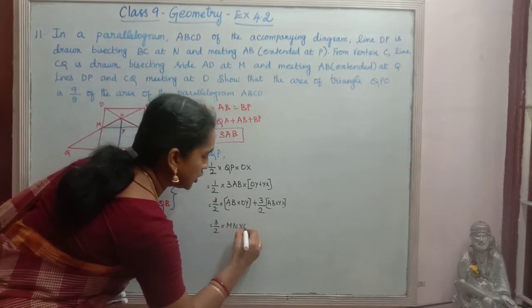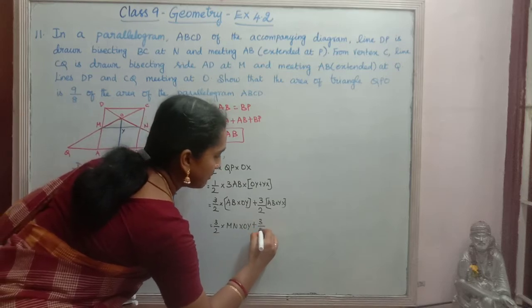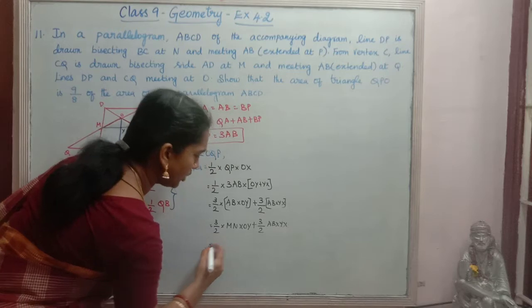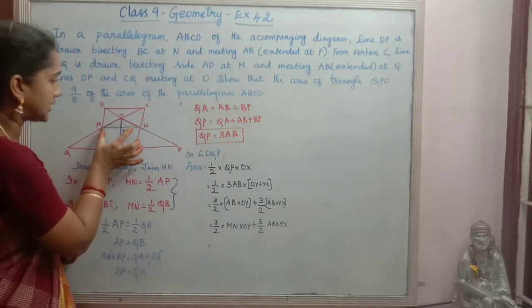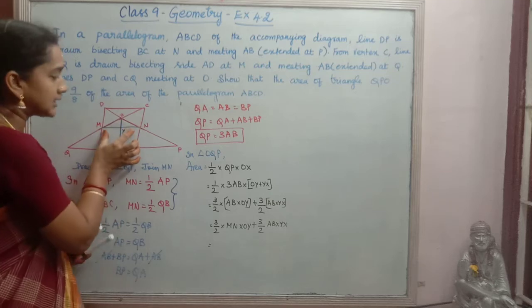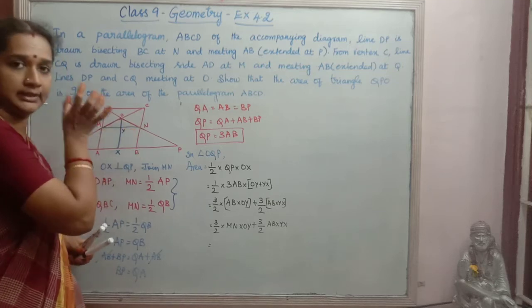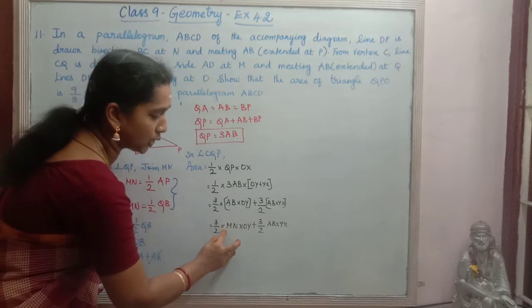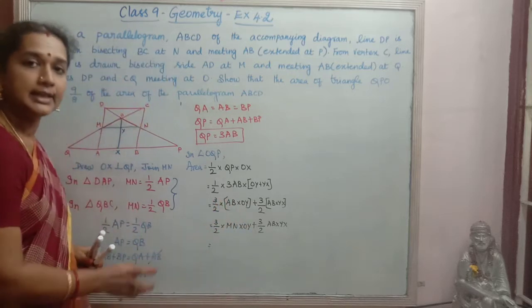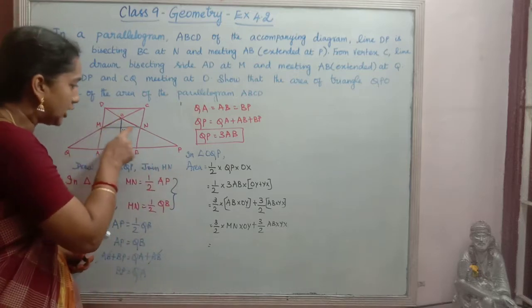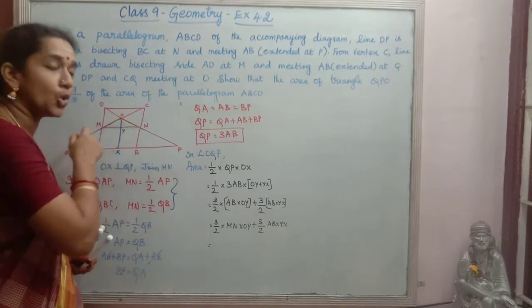So MN into OY plus 3 by 2 into AB into YX. Okay, so MN into OY. MN is here, OY is here. When we bring this 1 by 2 here, 1 by 2 into MN into OY, it is half into base into height. It is nothing but the area of the triangle OMN.